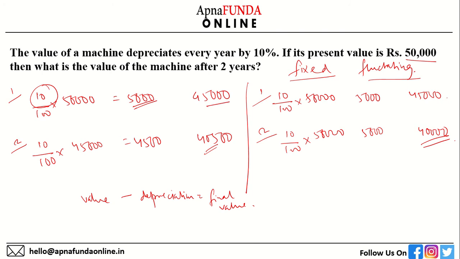And in the second year as well, when we calculate the depreciation, we minus the depreciation from the previous value or the present value. I hope you have solved along with me. In this case, the answer is 40,000 because it is not mentioned whether the depreciation is fixed or fluctuating. So we go for the fixed.